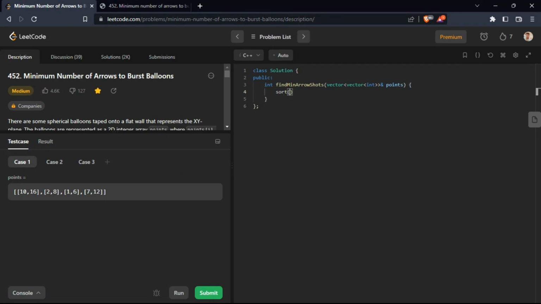So here I will sort my points according to the ending points. I will use a comp function here.